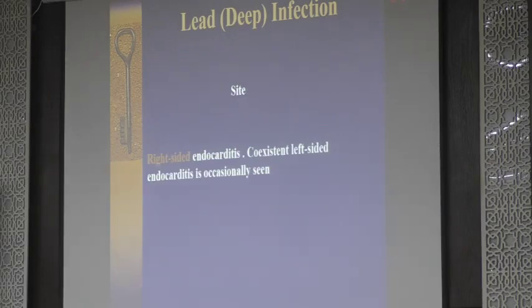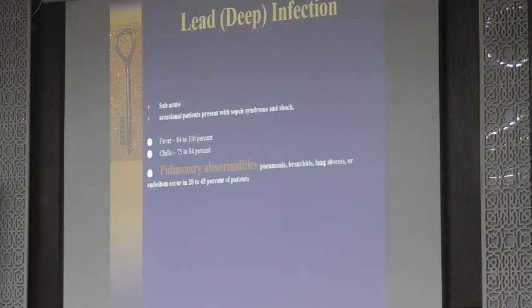Usually it's a right-sided endocarditis. Sometimes you can see left-sided, but it's not so common. It's important to recognize that because we have seen a 70-year-old female patient who came to us with fulminant chest infection and sepsis, with the TEE we found a vegetation on the ventricular lead. The whole case was a pacemaker infection, and unfortunately she passed away.